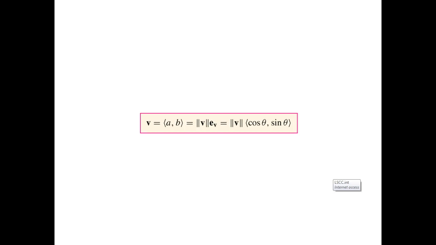The unit vector has to be in the same direction, but its magnitude is 1, so multiplying by the magnitude of V gives you exactly, within a plus or minus sign, let me put it that way, the vector V. I hadn't thought of this.